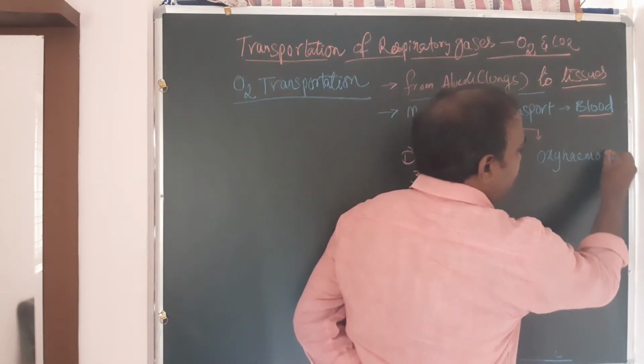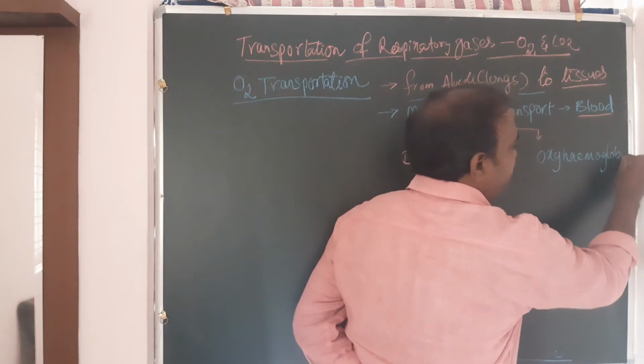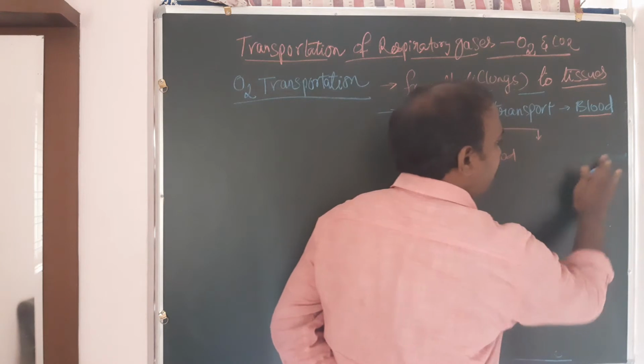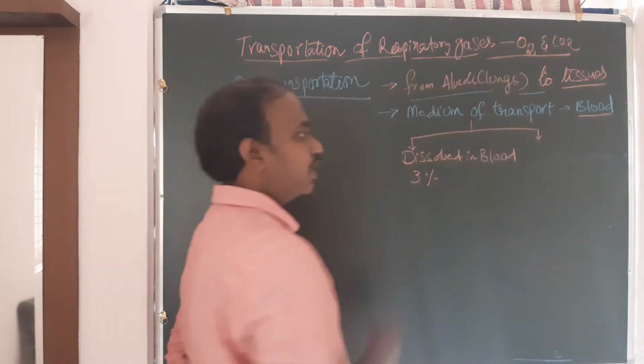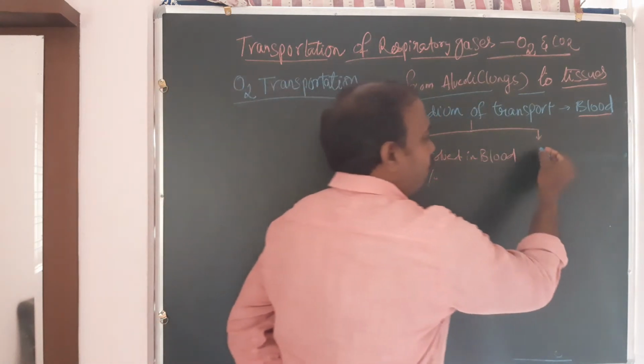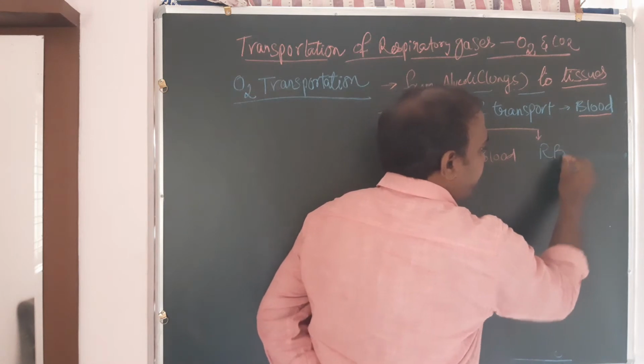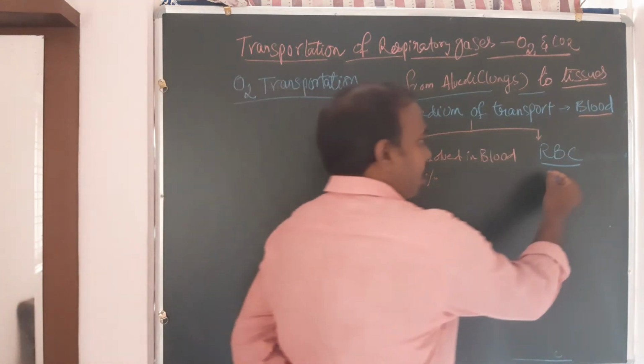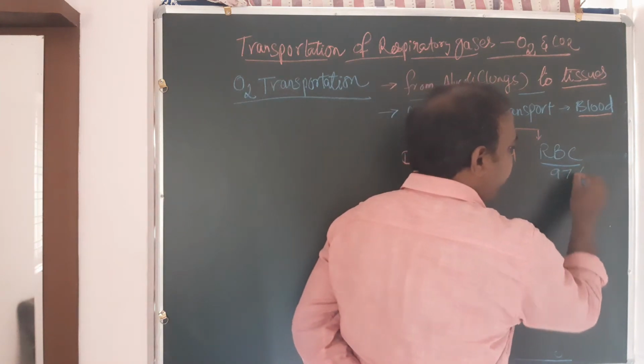Most of it is transported as oxyhemoglobin, or simply, you can say, most of it is transported in RBC. In the RBC, how much of it is? 97%.